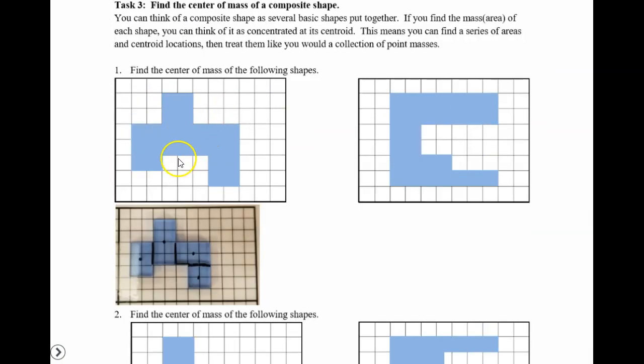So let's take a look at this first one. The idea with these is I'm going to divide up my shape into several pieces that I can easily find the center of and the area of. We're going to think of our mass as the area. I've already divided up the picture down here, but I'll do it again right here.